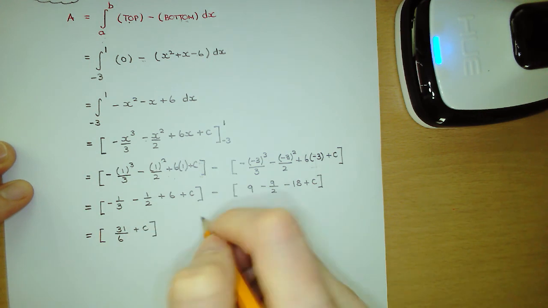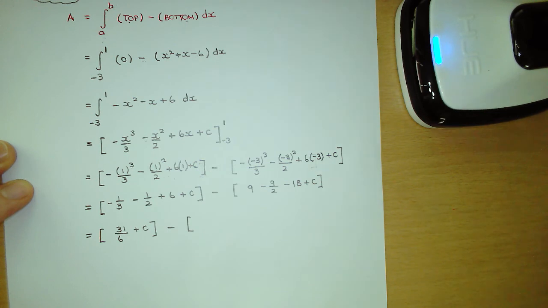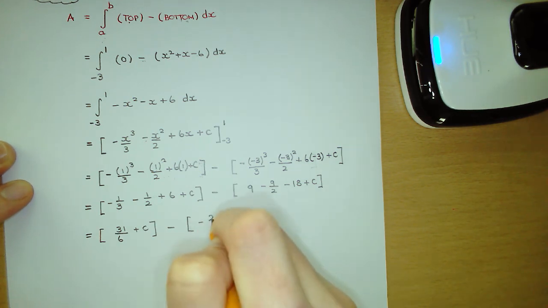Then copy down our minus. Open up our second square bracket, and again we've got 9, subtract 9 over 2, minus 18, and that's going to give us minus 27 over 2 plus c.